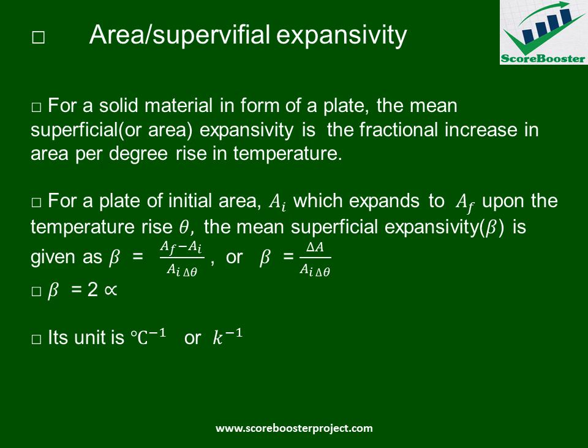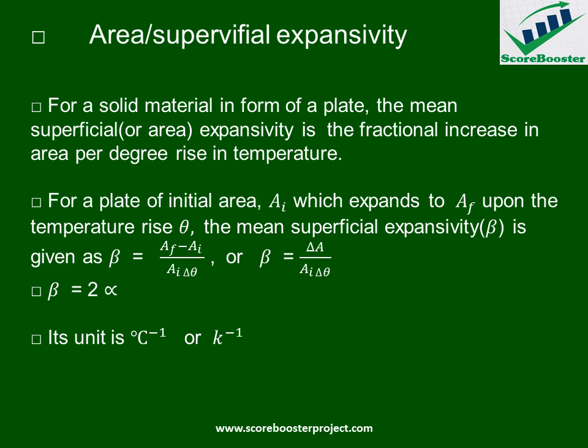Now, for a plate of initial area AI, which expands to AF upon the temperature rise theta, then the mean superficial expansivity will be given as beta equals AF, that is final area, minus initial, which is AI, over AI times delta theta.